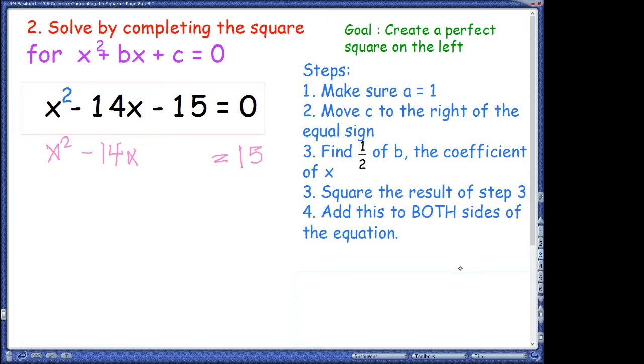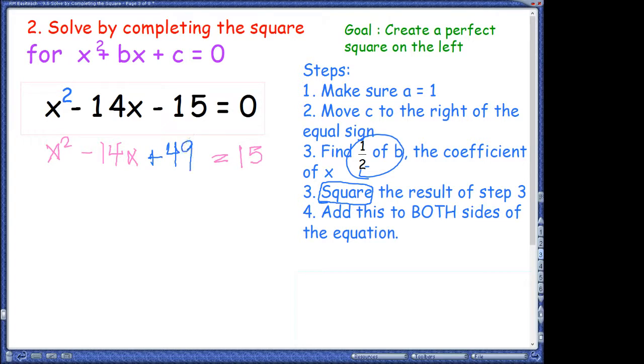And now we are going to create a perfect square on the left side by taking half of b. b is 14 and half of 14 is 7, and you're going to square the 7, so it becomes plus 49.